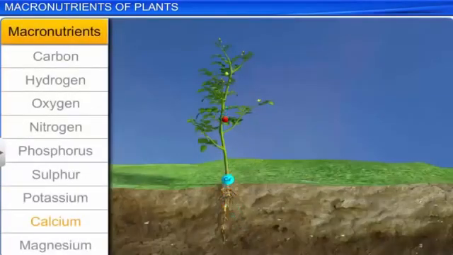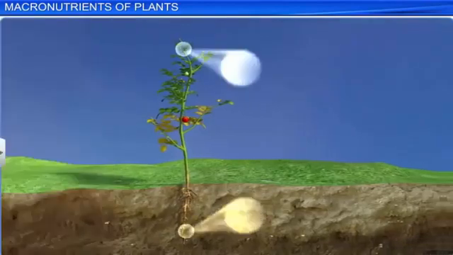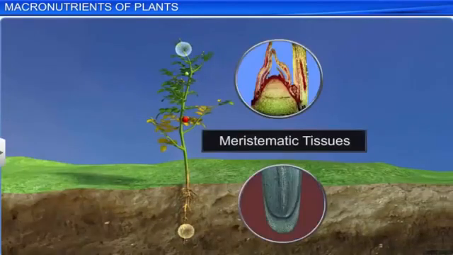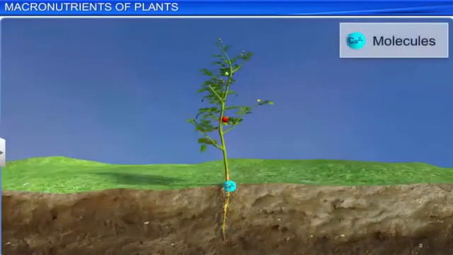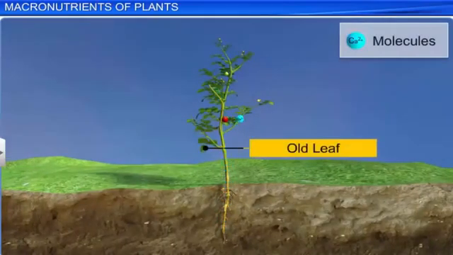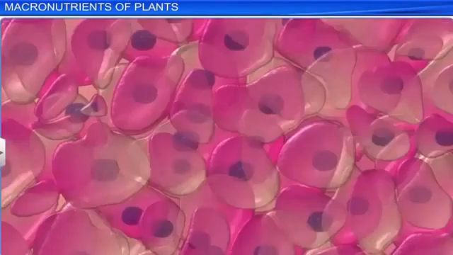Calcium is absorbed by plants in the form of calcium ions from calcium carbonate. It is needed in meristematic tissues and differentiating tissues. It accumulates in older leaves. Calcium plays an important role in cell division.